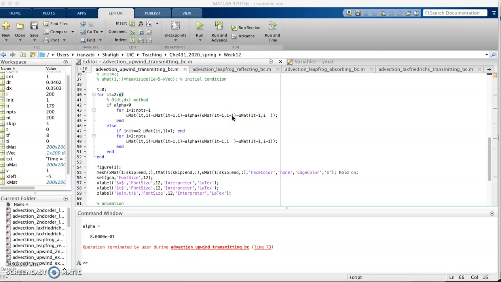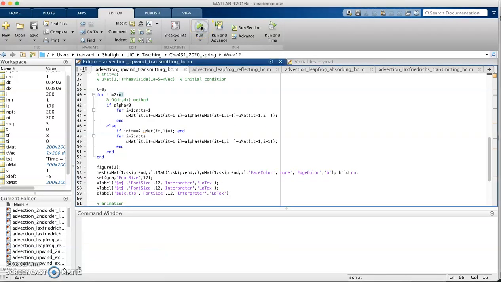So if you're sitting on the left boundary, we're getting information from the point on the right side. If alpha is positive and we're sitting on the right boundary, then point I is the boundary point and I minus 1 is the domain point. We're getting information from the left. So this already implements the transmitting boundary conditions in the upwind scheme.